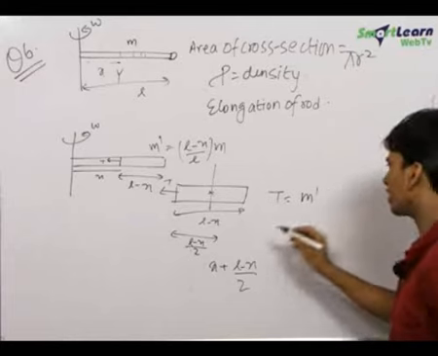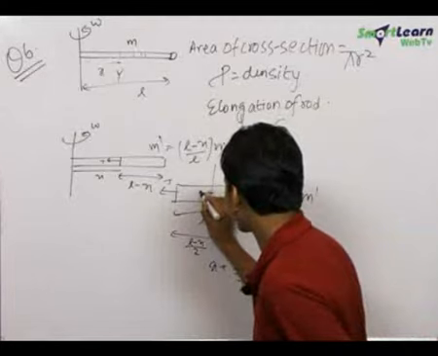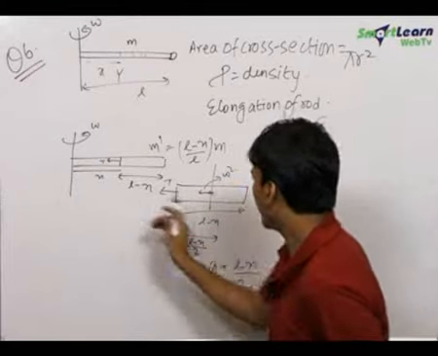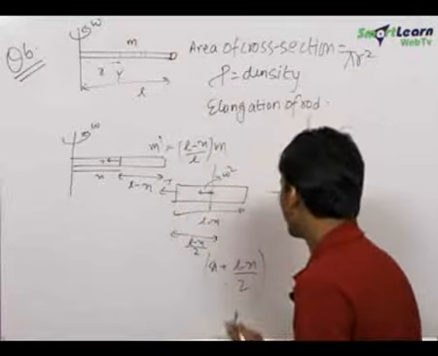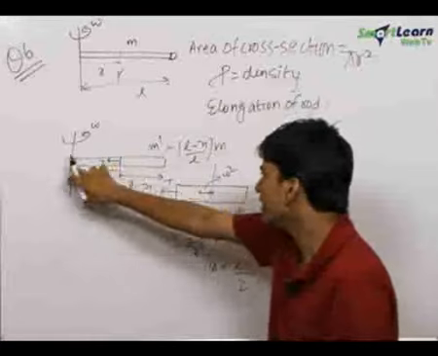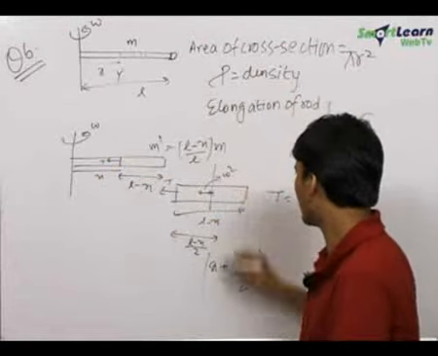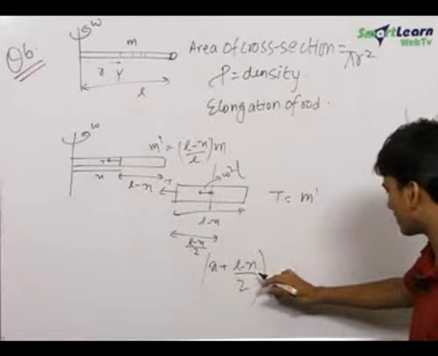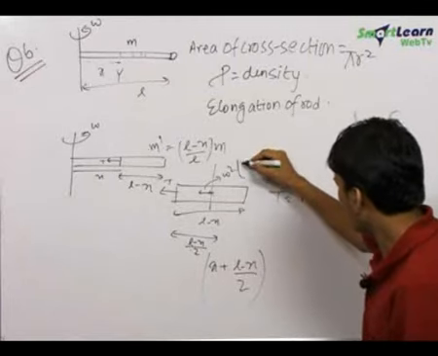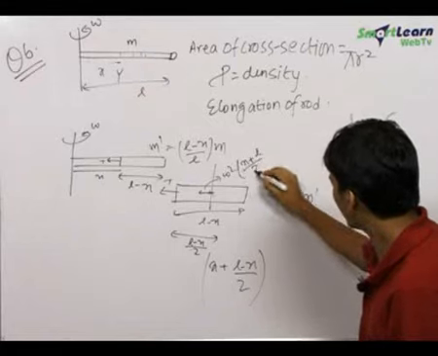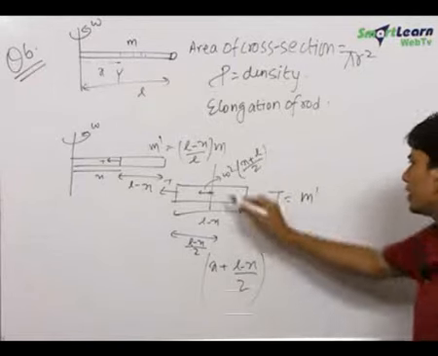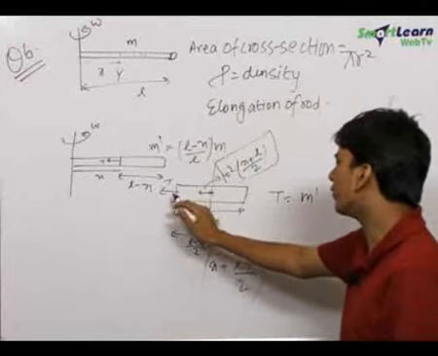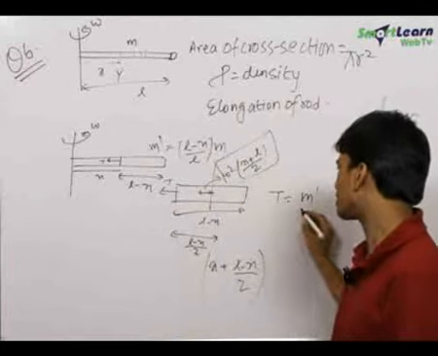Therefore, the acceleration will be equal to omega square into this distance, that is the distance of the center of mass from the center of the circle in which it is revolving. Therefore, omega square into (2x plus L minus x) by 2, that is equal to (x plus L) upon 2. Therefore, this is the acceleration of the center of mass. We know that the net external force on a body is equal to mass into acceleration of center of mass.